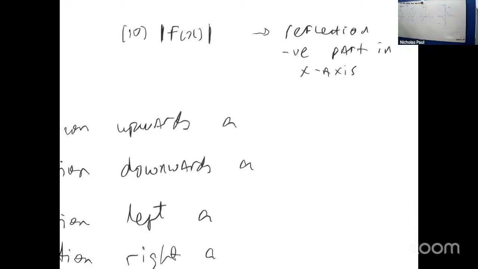Modulus of f of x is a reflection of the negative part in the x-axis. Only the negative part, right? It's a reflection of the negative part in the x-axis.